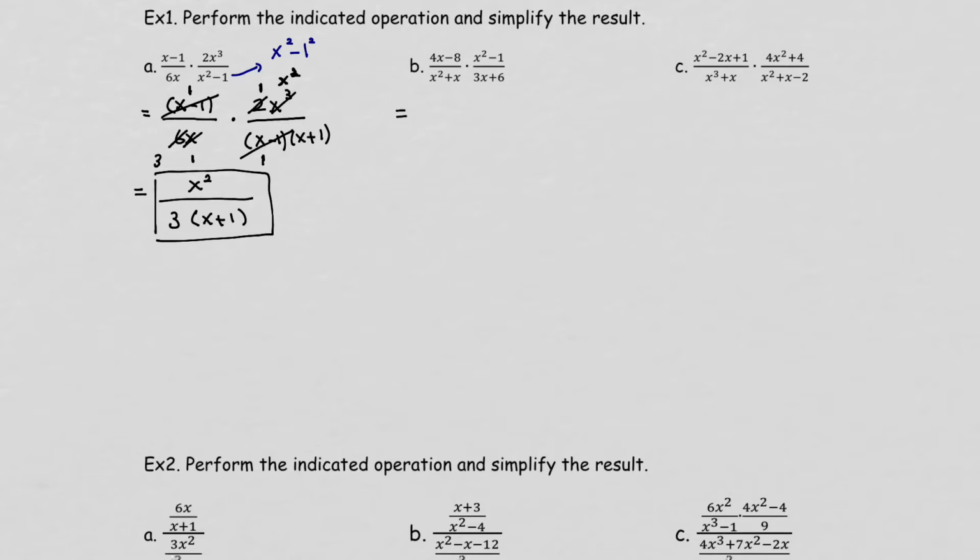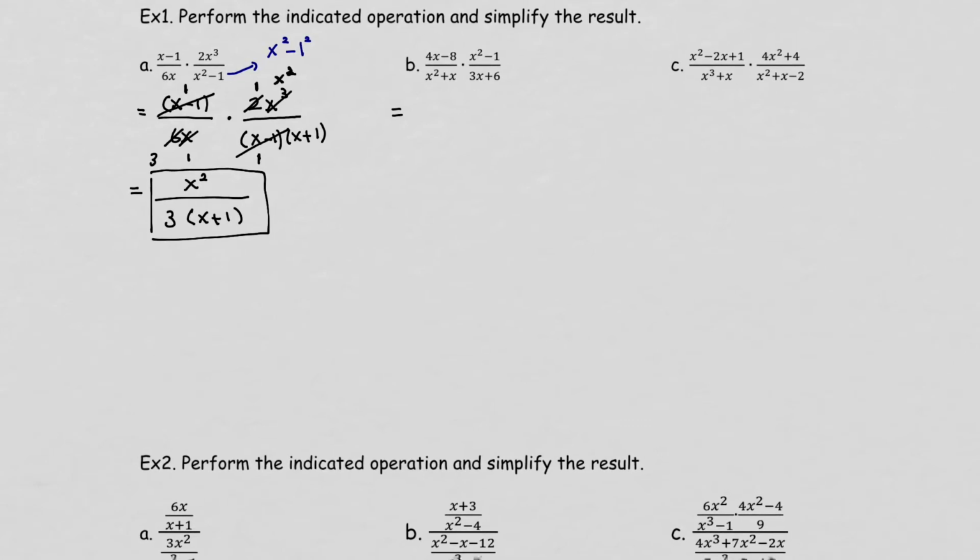Let's look at the next problem. We're going to go through the same thing. We want to see if we can rewrite this problem into factor form. The numerator, I have a common factor 4, x minus 2 remains. Denominator, common factor x, then I will have x plus 1 remains.